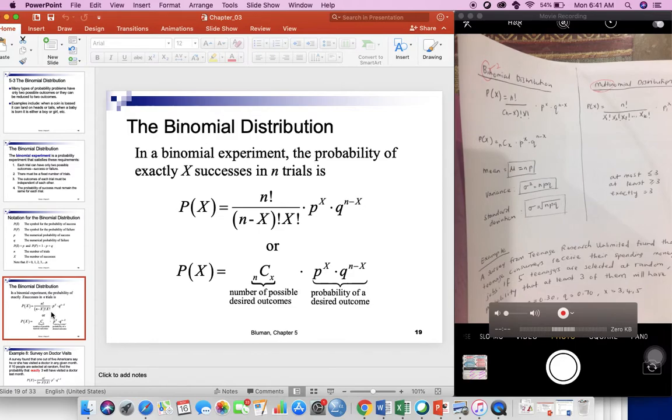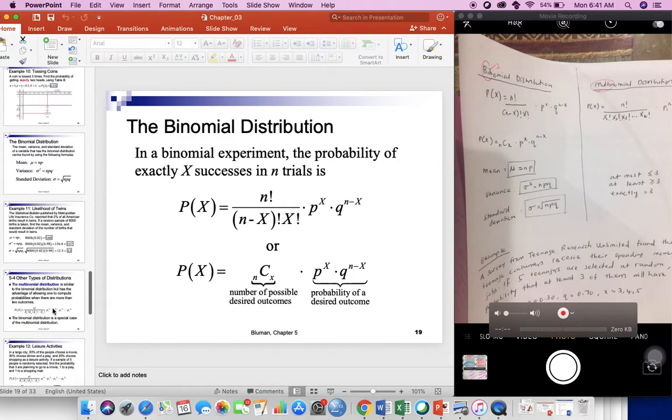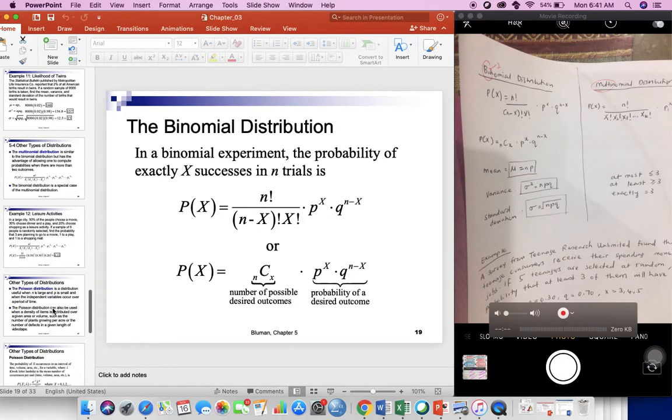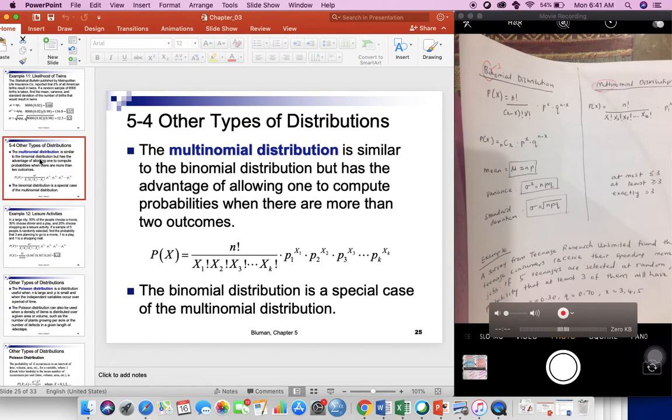When you look at your slides, slide number 25, the multinomial distribution is similar to the binomial distribution, but allows one to compute probabilities when there are more than two outcomes. So you just remember like this: binomial, two outcomes; multinomial, more than two outcomes.